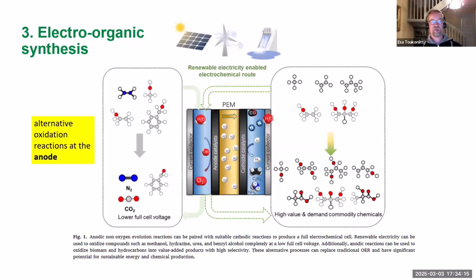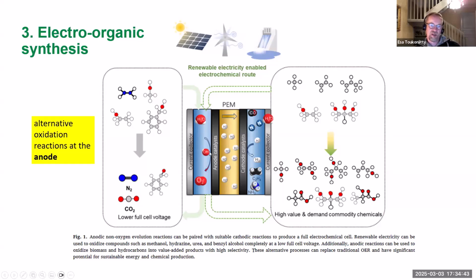This picture is from article 22; I just took it because it looks like a nice colorful picture. It has the same elements. You always have to highlight the renewable energy, although of course this works with any other electrical energy as well. But the key here is the electrochemical cell.